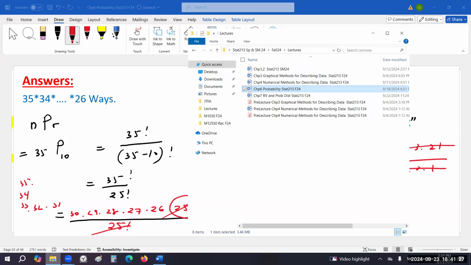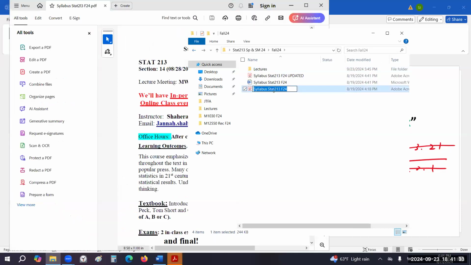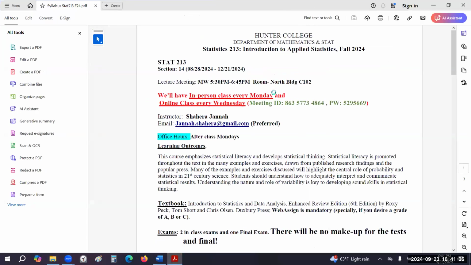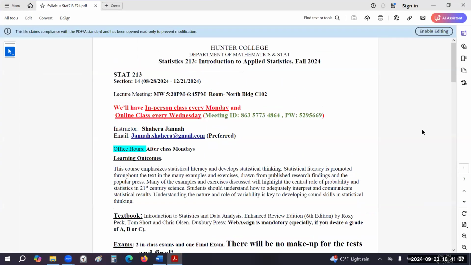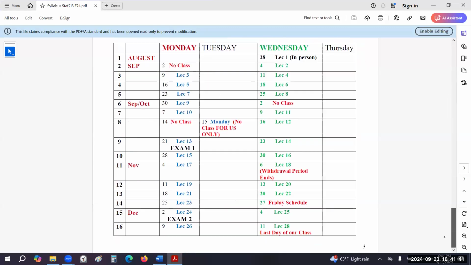Okay. So yeah, first I decided on 14 and then I saw it. So let me show you the syllabus again. So yeah, October 14, no class. October 2nd, no class. And October 15 should be a Monday schedule, no class. So our exam is October 21st.